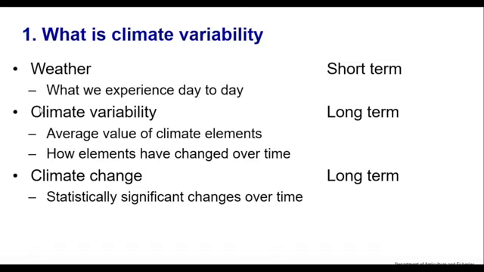is more within a framework of statistically significant changes over time, whether it be temperature or any of those other elements that we mentioned previously, or other ones altogether. And it's also a long-term thing. So climate change is summarizing, it's basically very similar to climate variability, but with that undertone of a statistically significant change.